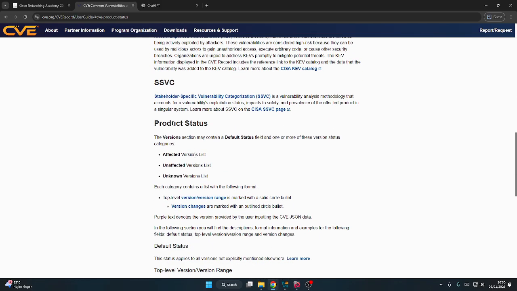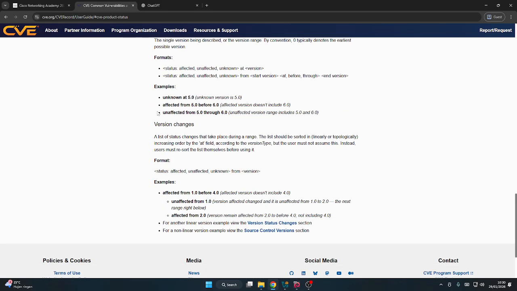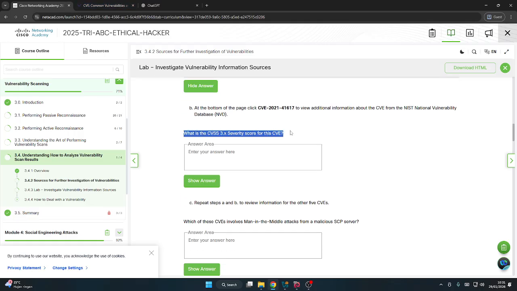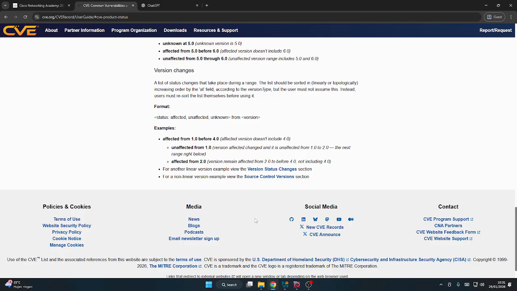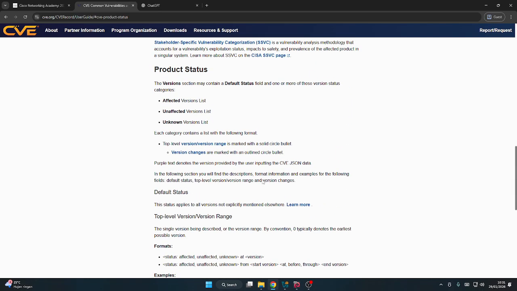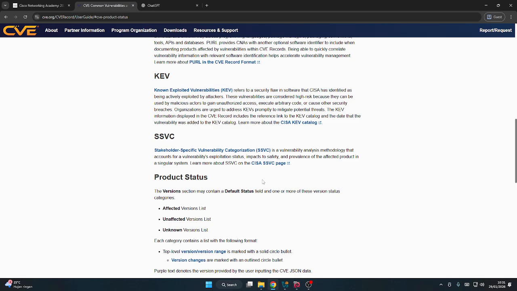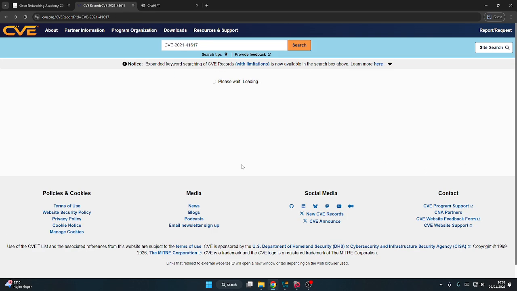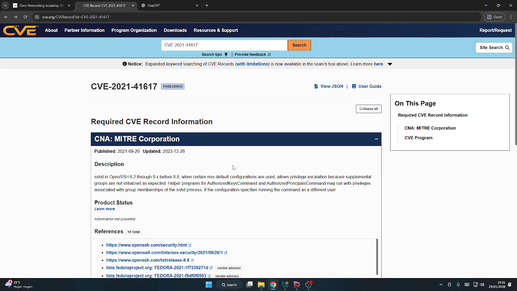And the question is what is the CVSS 3.x severity score for this CVE? There is no information about the CVSS, SSVC.